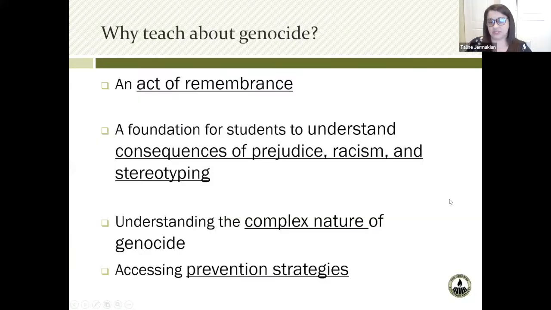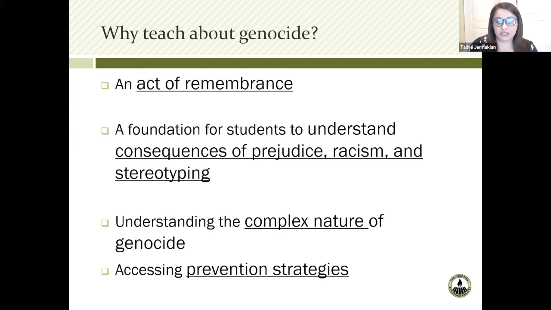So why do we teach about genocide? We teach about genocide as an act of remembrance. Every genocide has impacted our world and generations in a way that deserves to be remembered and recognized as part of the healing process.